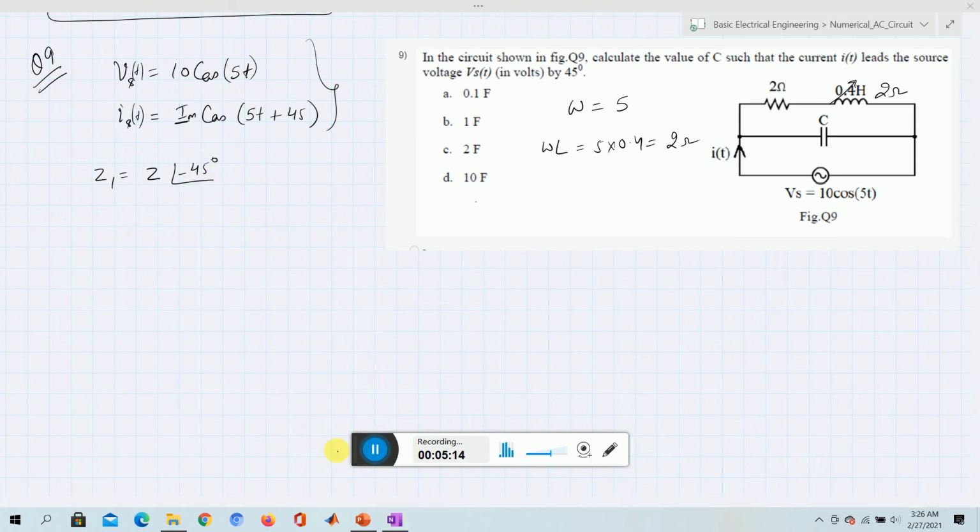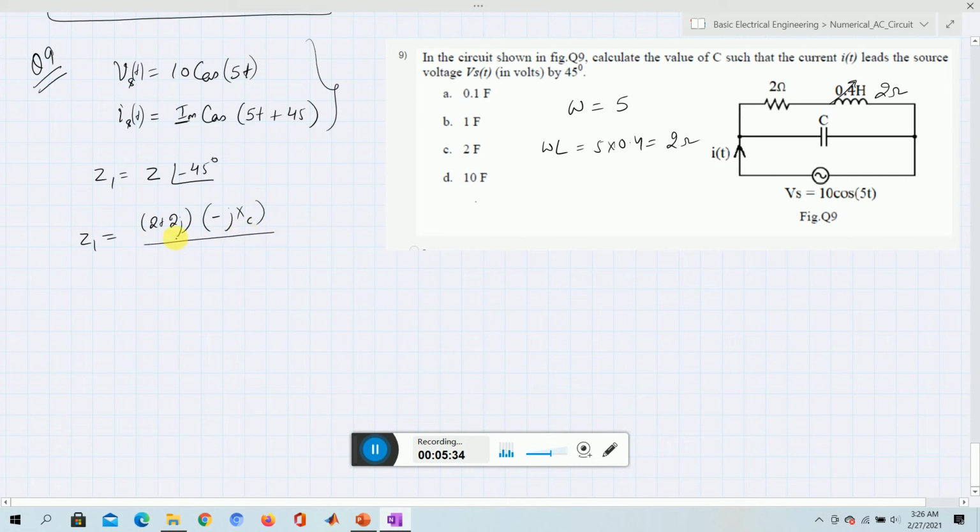These two are in parallel, so we can write Z1 as 2 plus 2j, and the capacitor is in parallel with it: minus j XC, whole divided by 2 plus j(2 minus XC), just like AB by A plus B. Let us evaluate this.